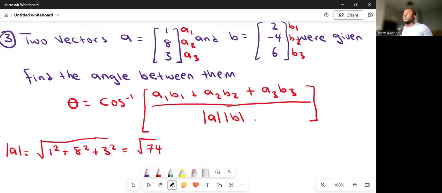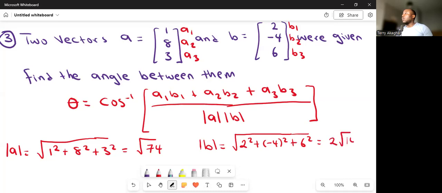The next one, we need to find the magnitude of B, which is equal to the square root of 2 squared plus minus 4 squared plus 6 squared. So that'll give us 4 plus 16 plus 36, which is 56. So that will give you 2 root 14.